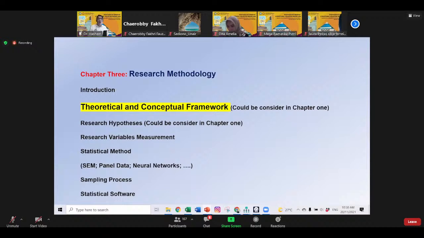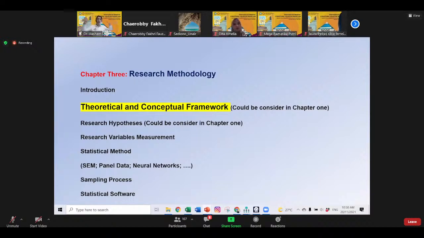Second, I would like them to know about the theoretical and conceptual framework. I mean, research framework, right? After the statement of the problem, I ask my student to find the theoretical and conceptual framework. You know the differences between conceptual framework and theoretical framework. Theoretical framework means the models that somebody has done before, they prepared before.